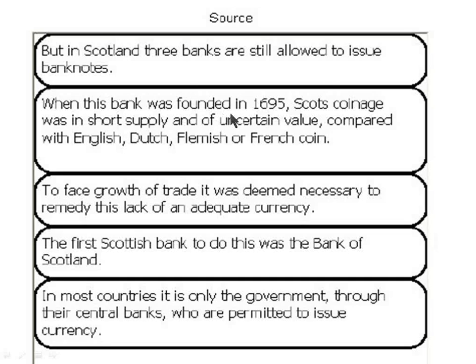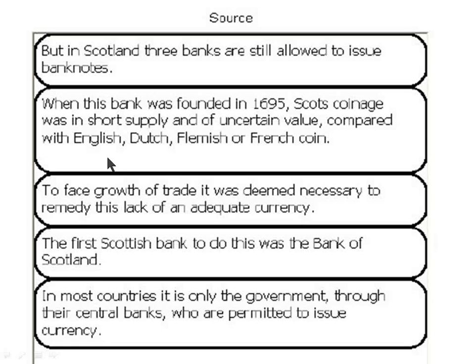When this bank was founded in 1695, Scots coinage was in short supply and of uncertain value, compared with English, Dutch, Flemish or French coin. So if you say this one, in this you can clearly see was in short supply and of uncertain value compared with English, Dutch, Flemish or French coin.